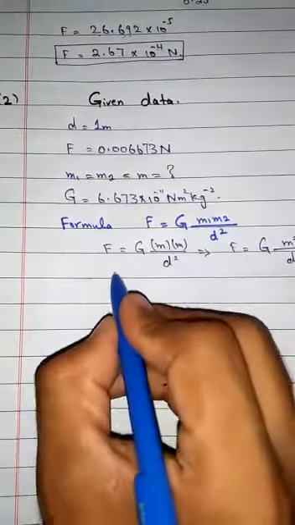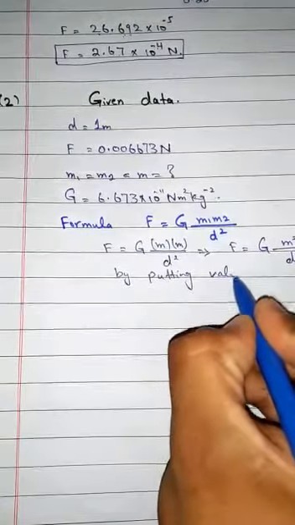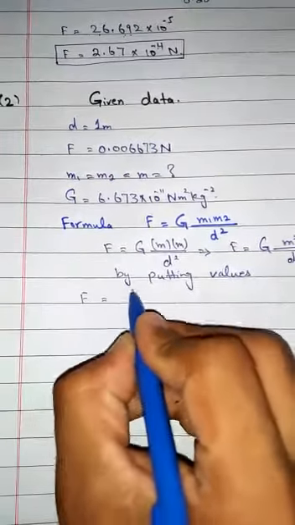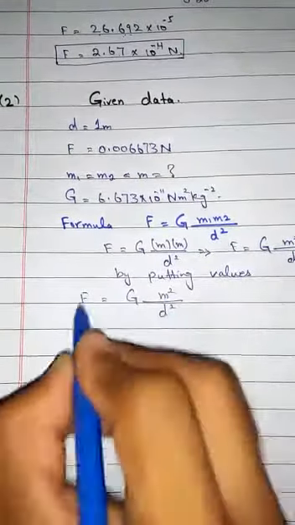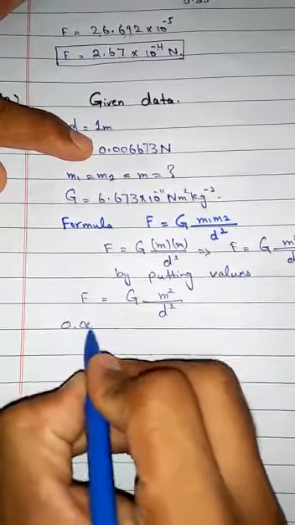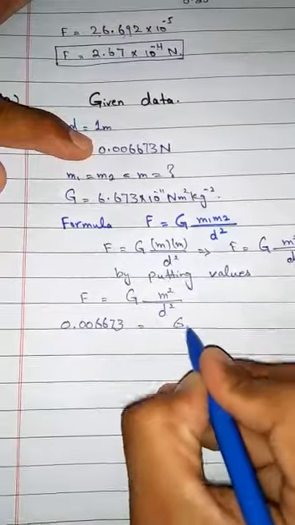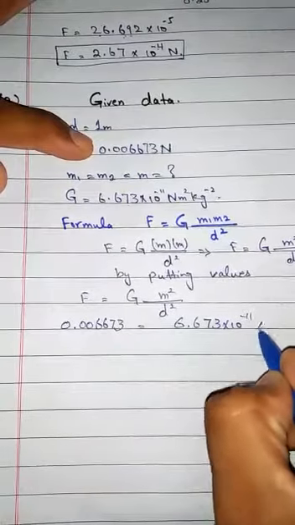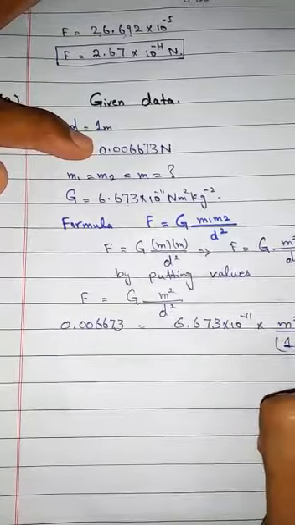Now by putting values, F is equal to G m square over d square, force is equal to 0.006673, G value is 6.673 multiplied by 10 to the power minus 11, m square divided by 1 square.